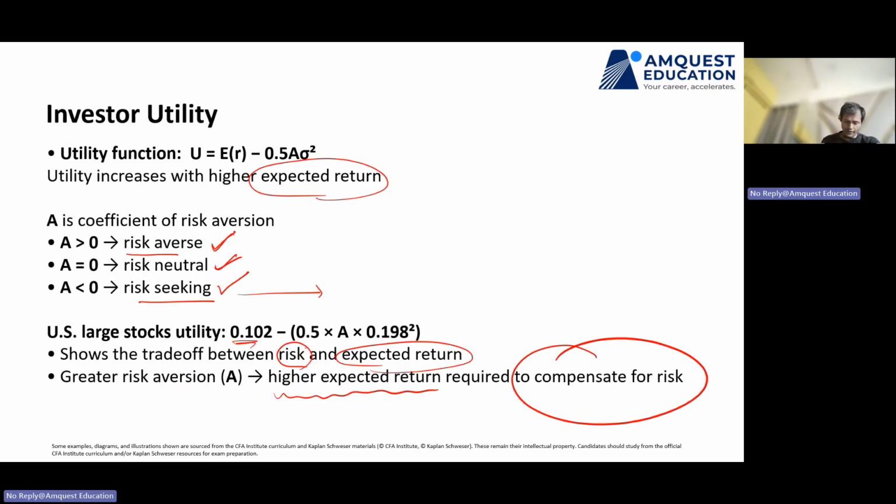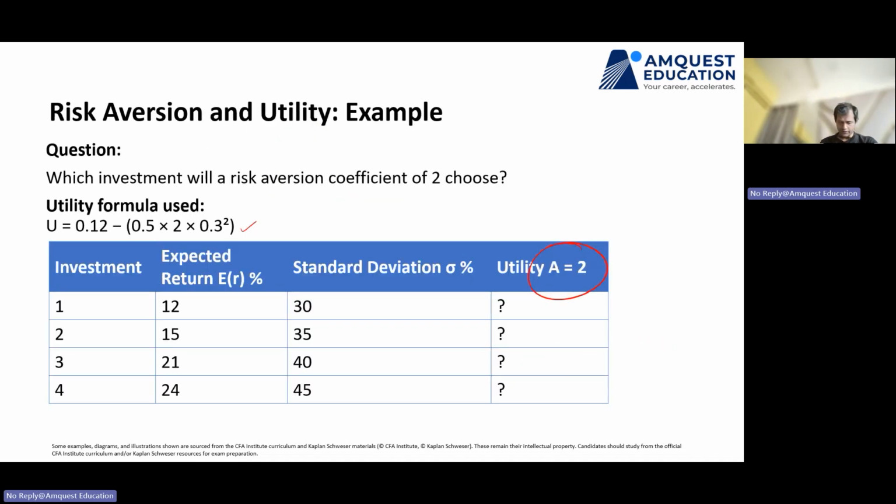What's the formula? 0.102 minus 0.5 into A into 0.19 square. Okay, see this. Expected return minus 0.5 into the aversion into the variance. I'll call it deviation, standard deviation.